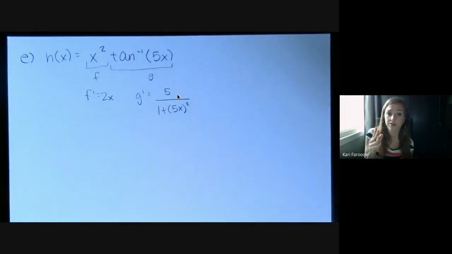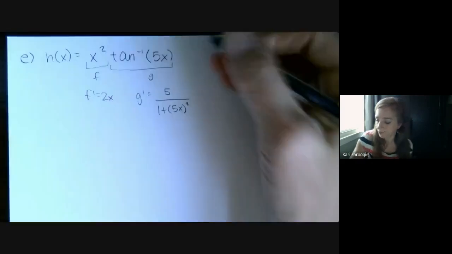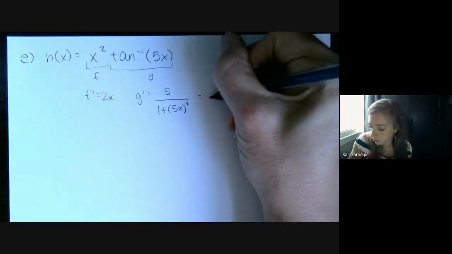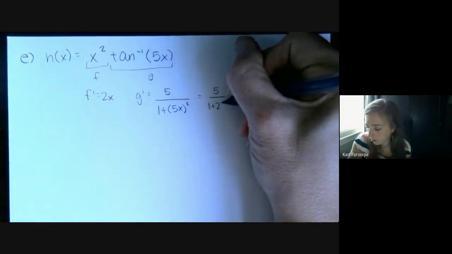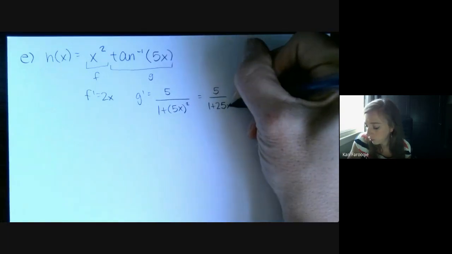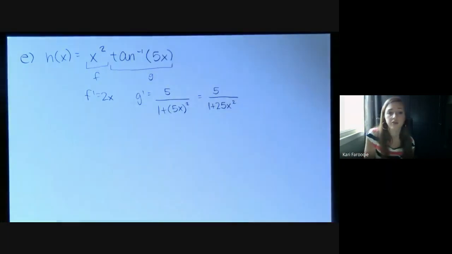The whole quantity. So don't take 5x squared without putting parentheses around the 5x. It does make a difference. We're going to rewrite it because we're going to want it to look nice. 5x quantity squared is just 5x times 5x. So you also have to square the 5. So 5x times 5x is 25x squared.